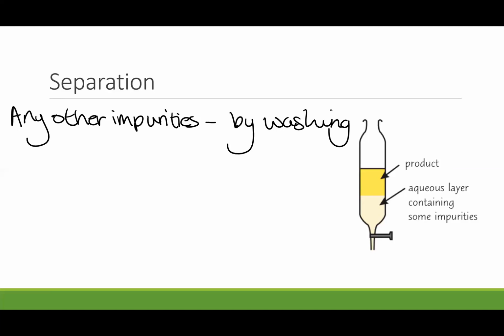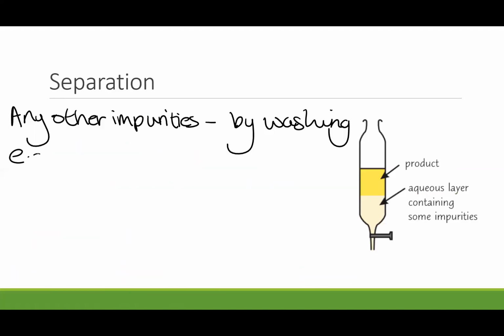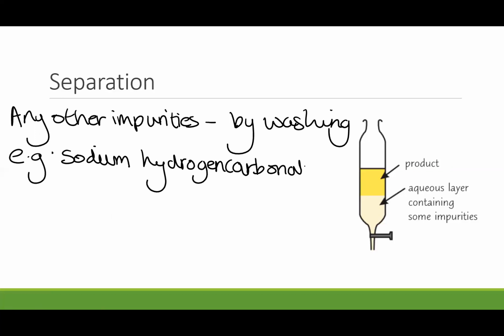So for example, you could add sodium hydrogen carbonate. And we can add this to the impure product in solution, and what this would remove is any acid from the impure product.